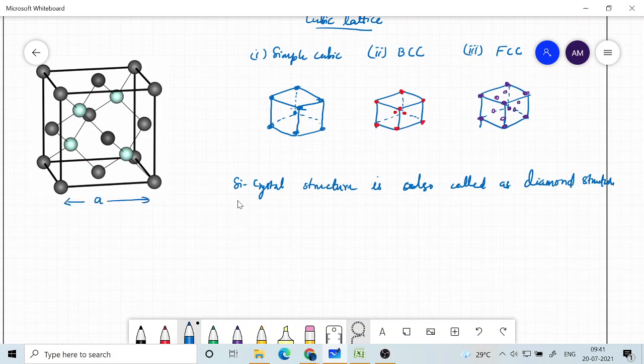Okay, so the edge length is called a. It is also called the lattice constant.